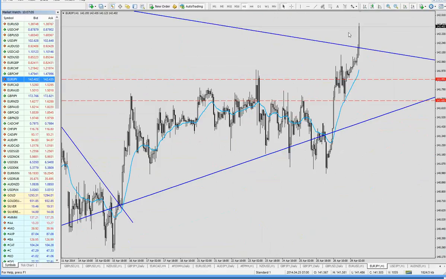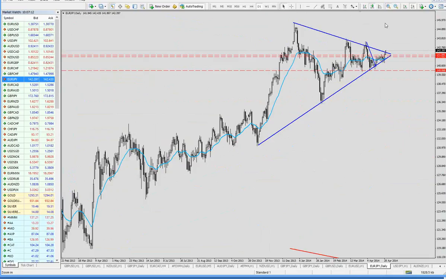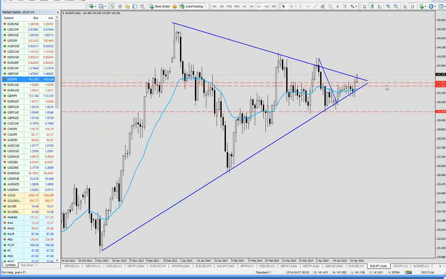Japanese crosses. Looks like we want to go higher, and today's daily close, and if we are going to get confirmation tomorrow, that could be nice. That could be the next 200 to 500 pips on Euro JPY, right?